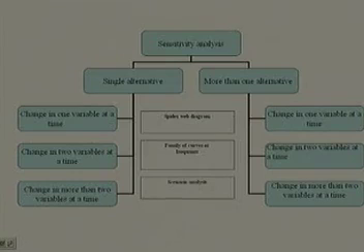Case 2, change in two variables at a time. Case 3, change in more than two variables at a time. Now, when you come to more than one alternative, here again we have these three cases: change in one variable at a time, change in two variables at a time, and finally change in more than two variables at a time.